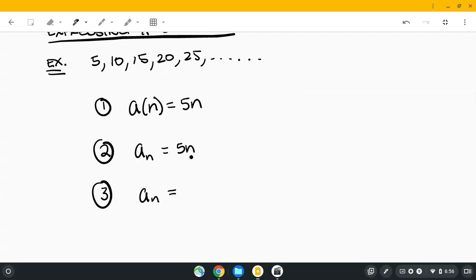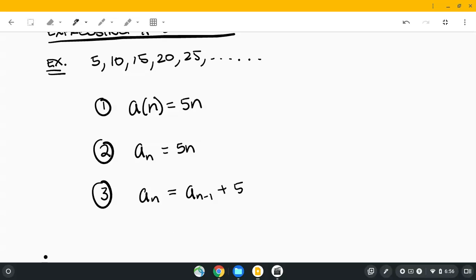So this formula probably wouldn't come to mind. So this one probably would, where you just add 5 to the one before it. And the one before it gets represented with this, and you add 5. Okay, this one here, where it's dependent on the previous term, like you have to know the previous term in order to get to the next one.